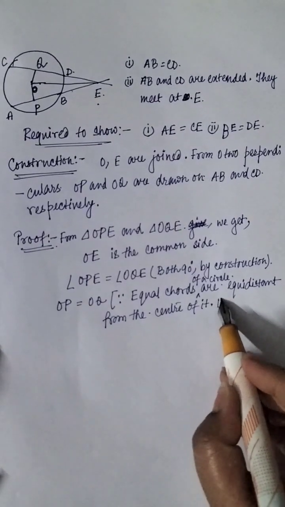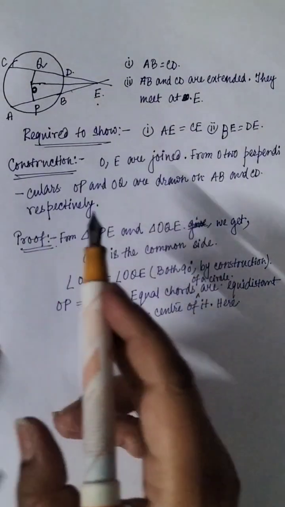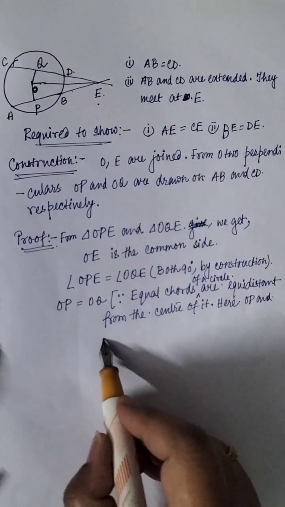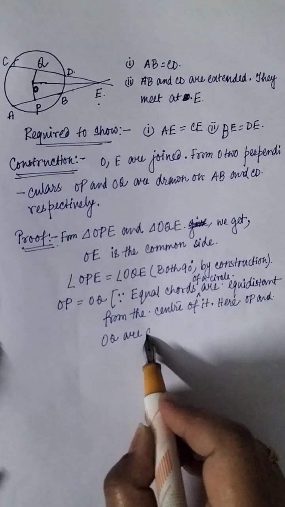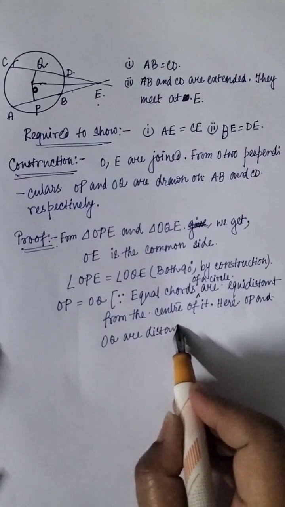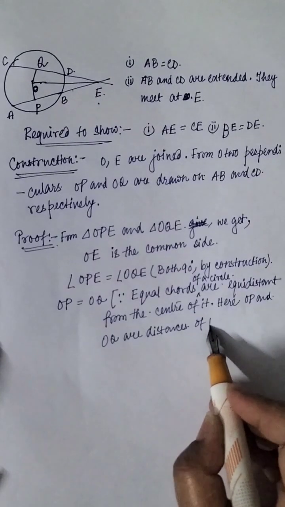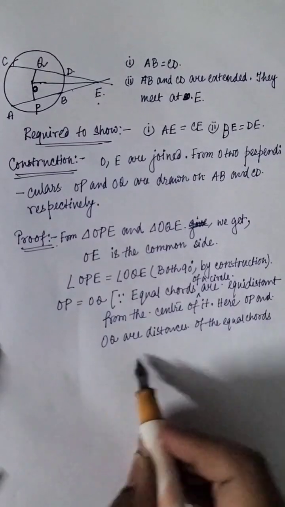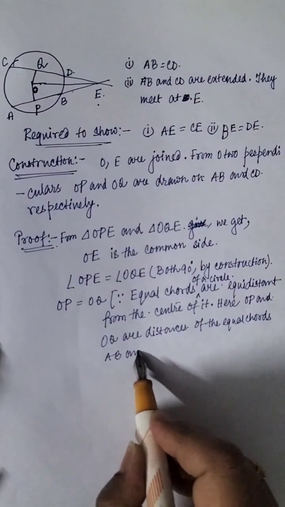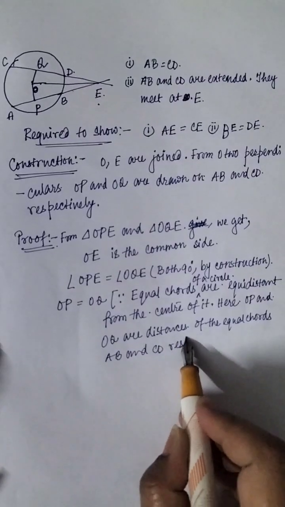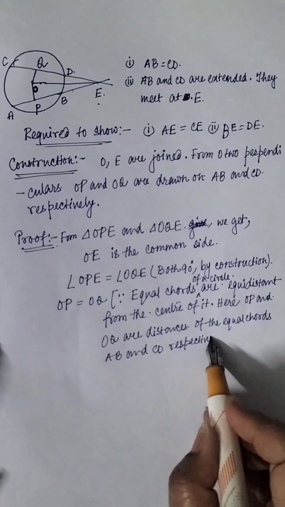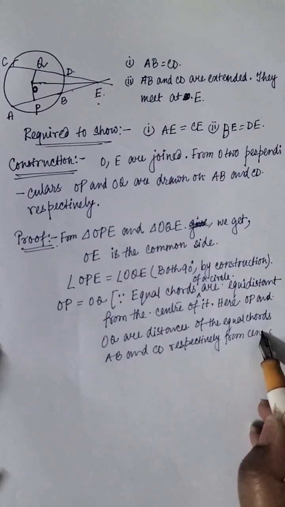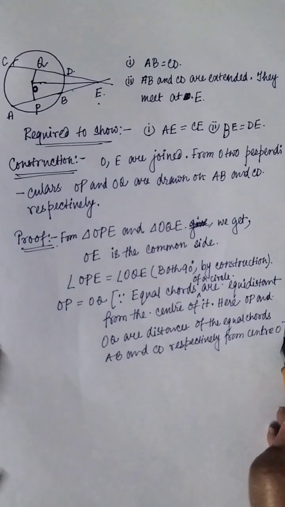Okay, here OP and OQ are distances of the equal chords AB and CD respectively from center O. Okay.